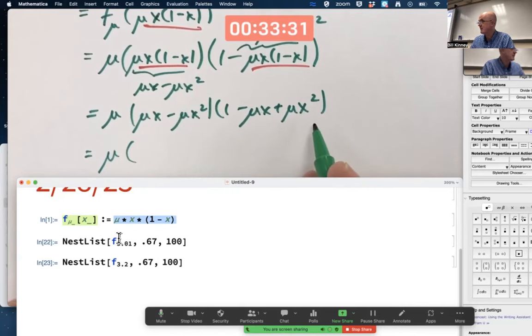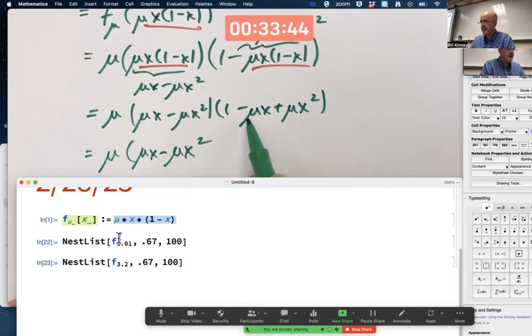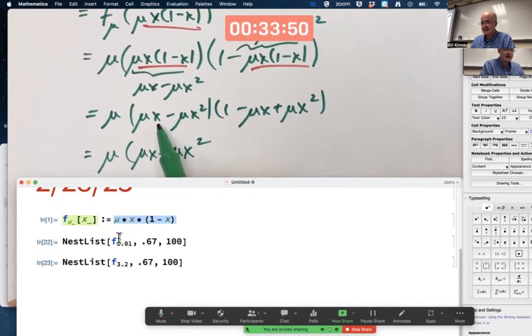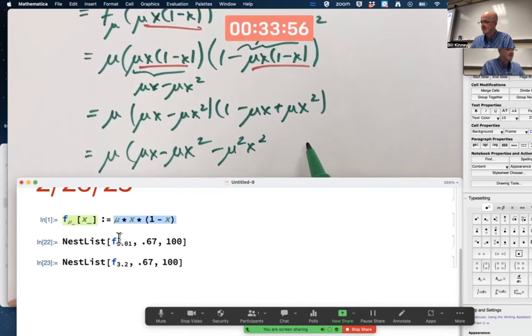So I can't use the ordinary FOIL method. Let me multiply each term here first by 1. Get mu x minus mu x squared. Then I'll multiply each of these two terms by negative mu x, the next term on the right. This times minus mu x is minus mu squared x squared. Gotta be really careful not to make a mistake here. And this times that, the two minus signs, see where I'm pointing?